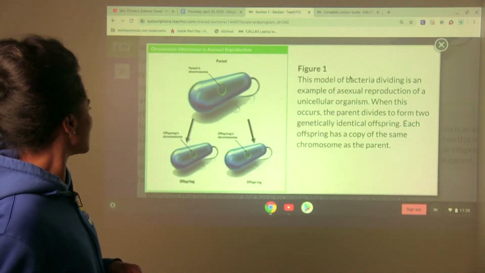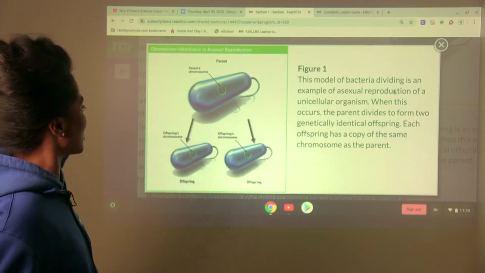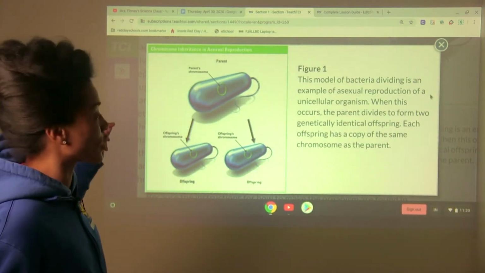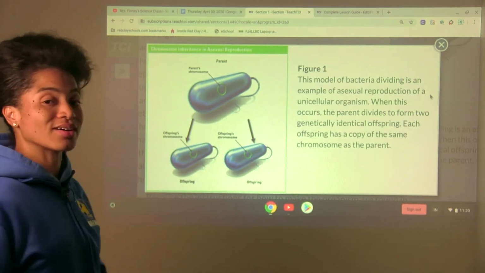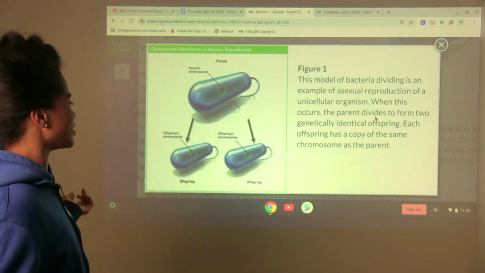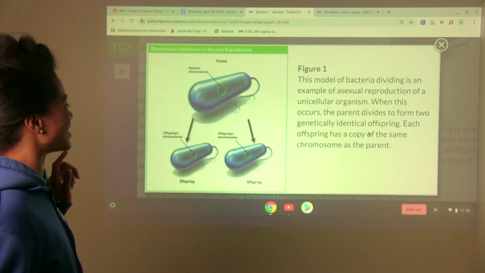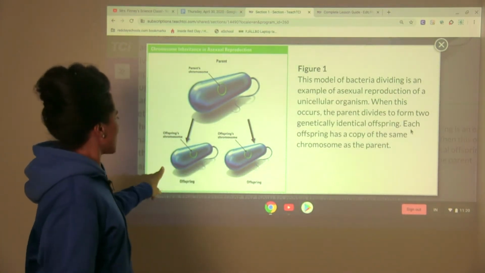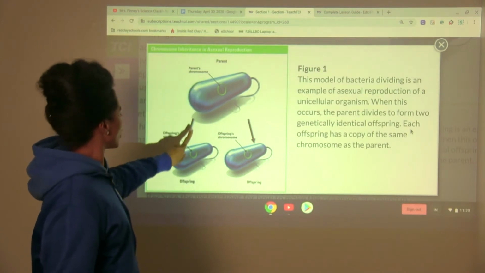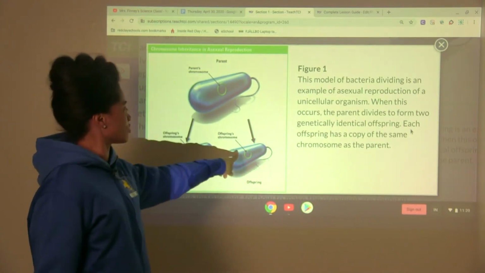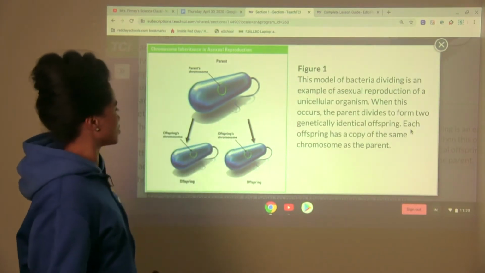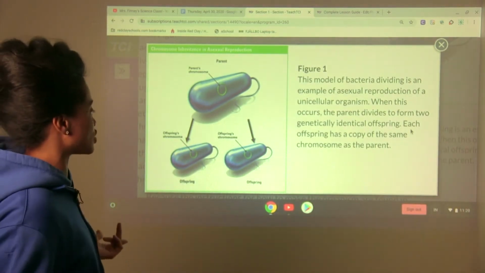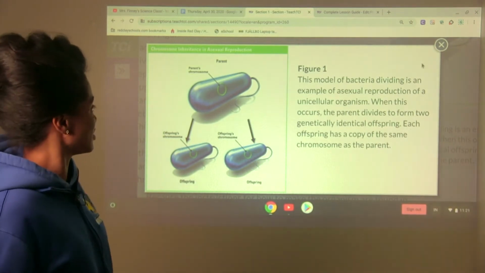In figure 1, it says this model of bacteria dividing is an example of asexual reproduction of a unicellular organism. When this occurs, the parent divides to form 2 genetically identical offspring. Check it out. Genetically identical: parent's chromosome, offspring's chromosome, other offspring's chromosome. Each offspring has a copy of the same chromosome as the parent.